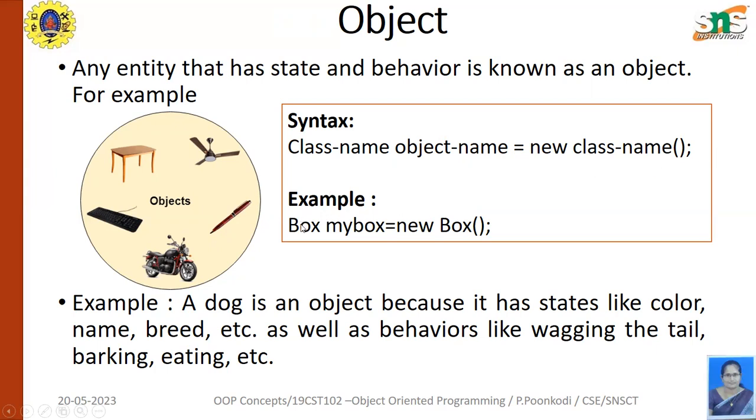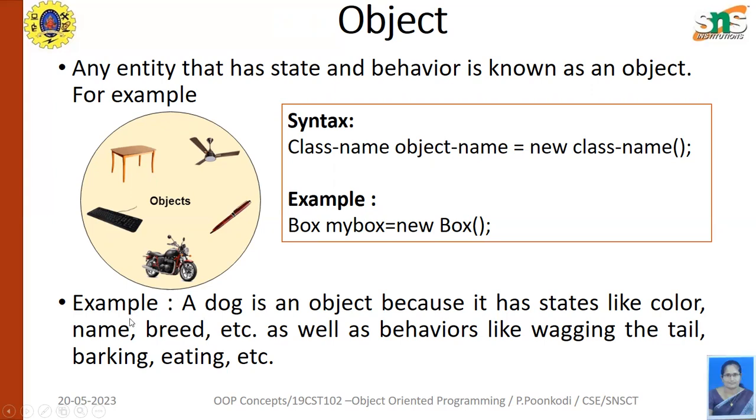For that, an example is given. Box is the class name, and myBox is the object name, and new is a keyword. The equal-to sign is used to assign this statement, right? For this particular class, Box, I have created an object called myBox.